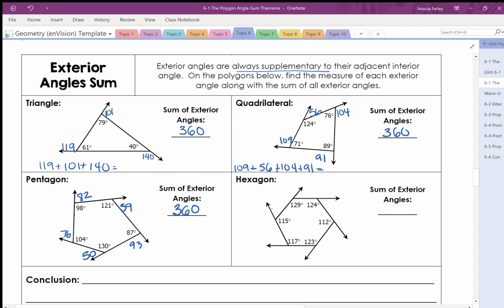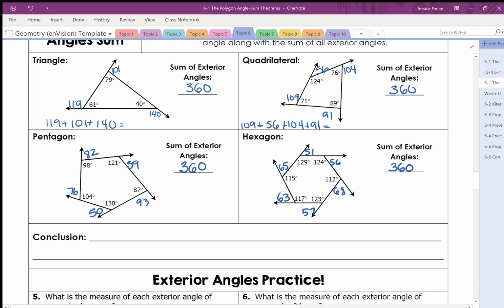Once again, last one, the hexagon. Here's 65, 51, 56, 68, 57, and 63. Add all of those, and the sum is 360.